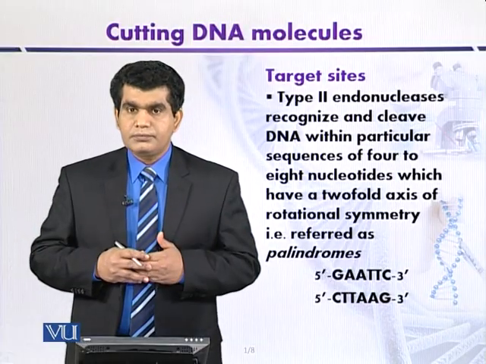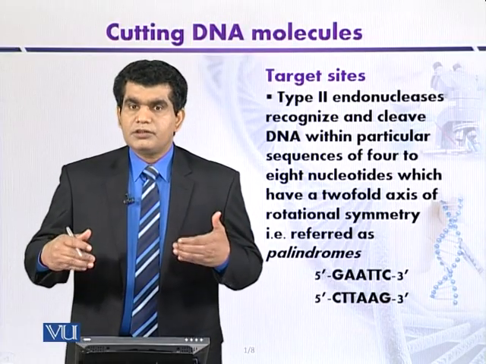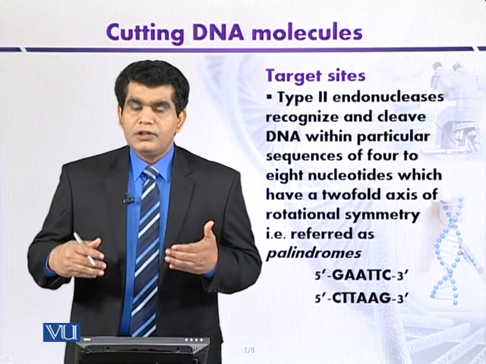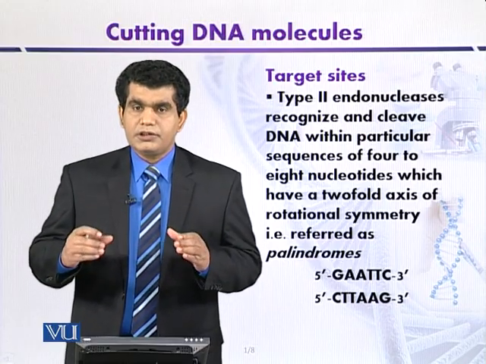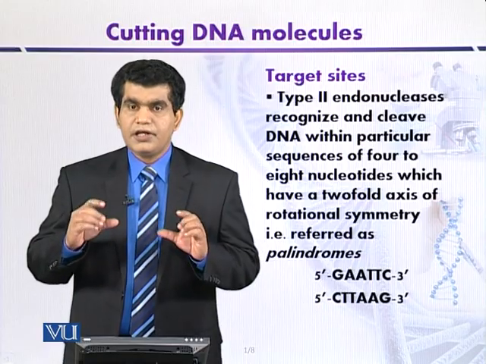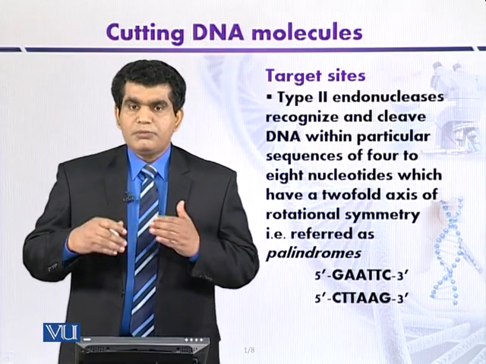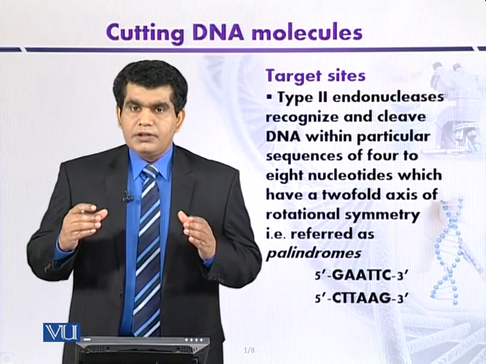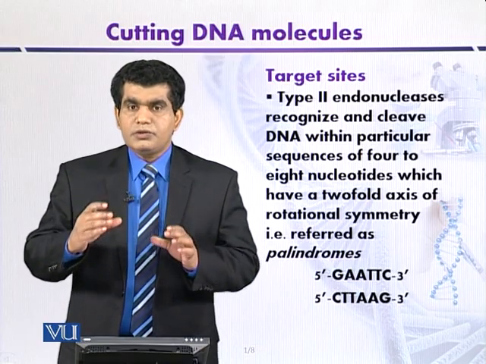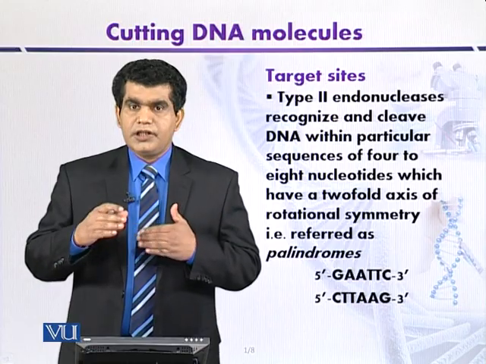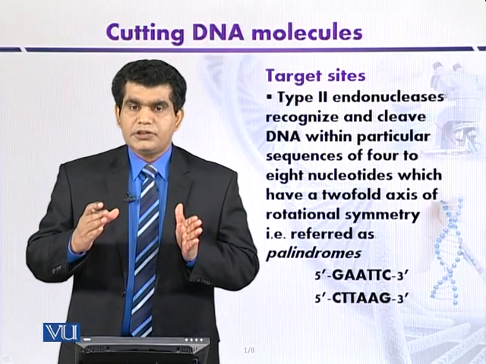Target sites. Type 2 restriction endonucleases can recognize a particular target site and cut within it. These type 2 restriction enzymes can cut recognition sites that have rotational symmetry.